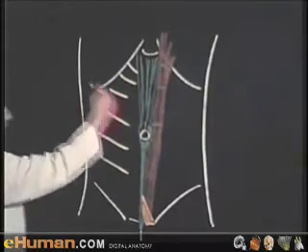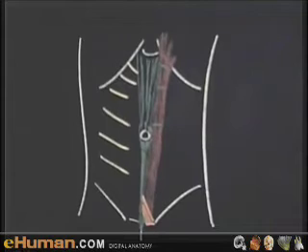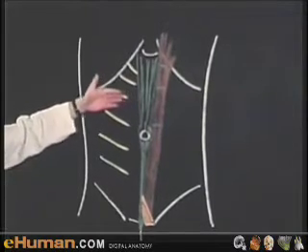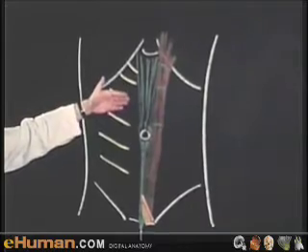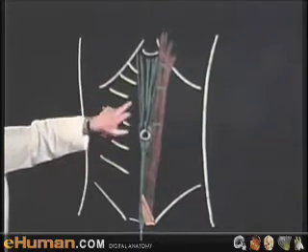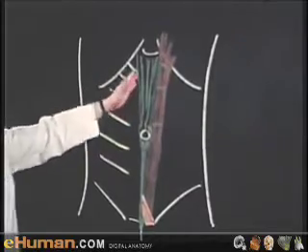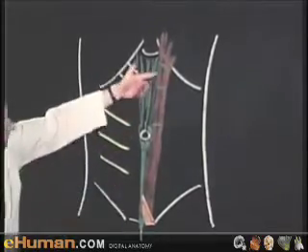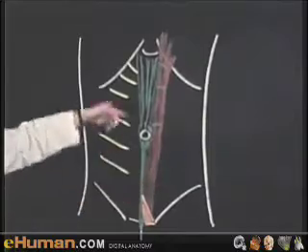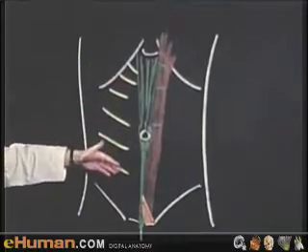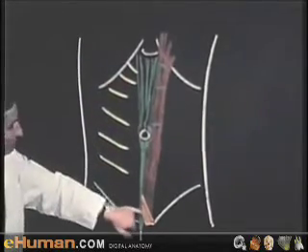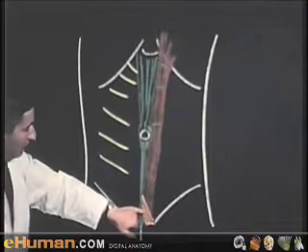Now, these nerves run between the layers of the muscles of the anterior abdominal wall. And when they reach the posterior wall of the rectus sheath, they pierce it and supply the rectus abdominis before coming through and becoming cutaneous. So the rectus abdominis is supplied by the lower 6 thoracic nerves, and the pyramidalis is supplied by the subcostal nerve.